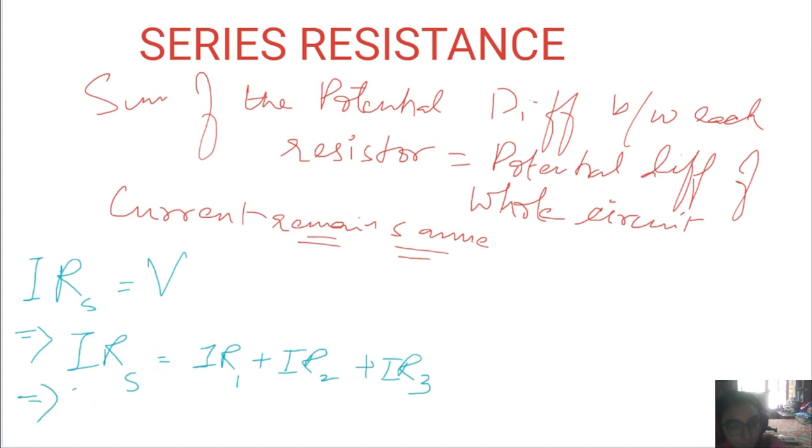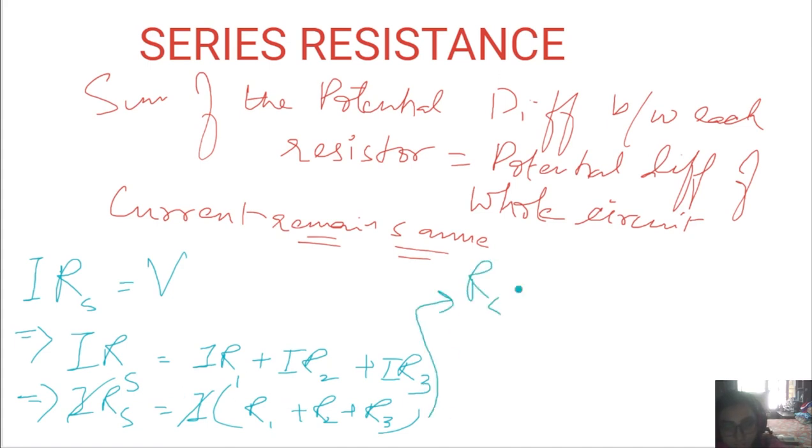So here if we take I common, this will be R1 plus R2 plus R3. So you can see here that the I is getting striked off. So for a series resistance, the total resistance will always be the sum of the individual resistances.